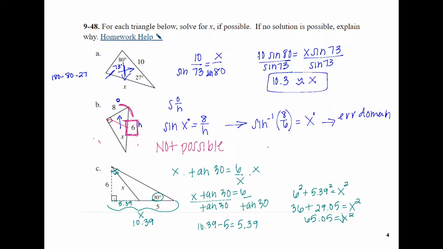And when we take the square root of both sides, we get 8.07 is equal to x. Remember, there are multiple ways to solve these problems on most occasions. So if you thought of something different and got the same answer that I did, it is very possible.